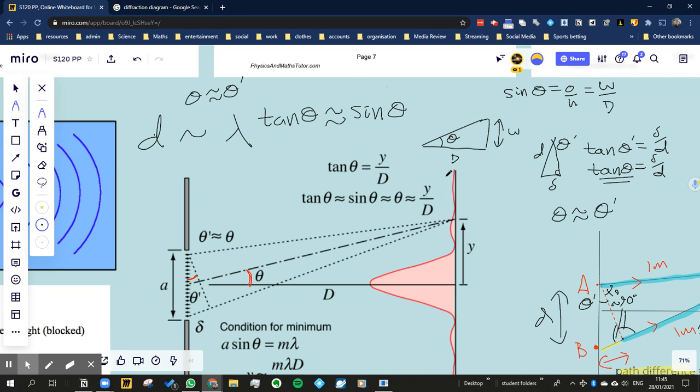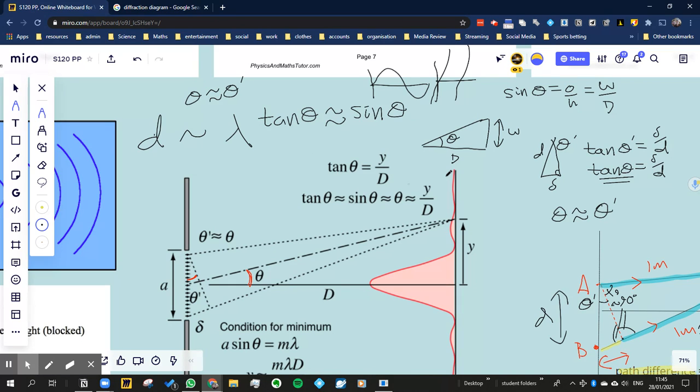In a nutshell, if we draw the graph of sine theta, you can see it starts at 0, and the same with the graph of tan theta. It starts at 0, and so tan theta is roughly equal to sine theta, and it's also roughly equal to theta because theta is very, very tiny.